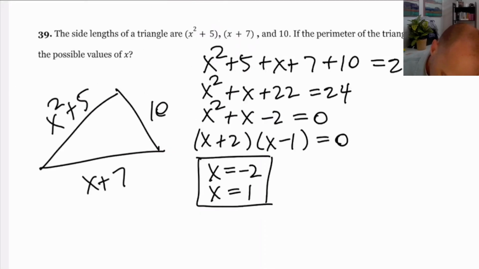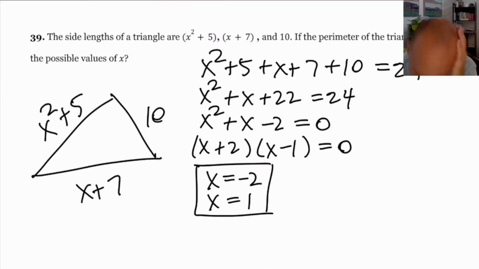Okay, but I do need to check these and make sure that I don't have anything causing me to have a negative side length for a triangle, because then we would want to throw that solution out. But I'm not seeing it, like -2 plus 7 is a positive number. Anything squared plus 5 is going to be positive, provided that thing is a real number. So these are both possible values of x.